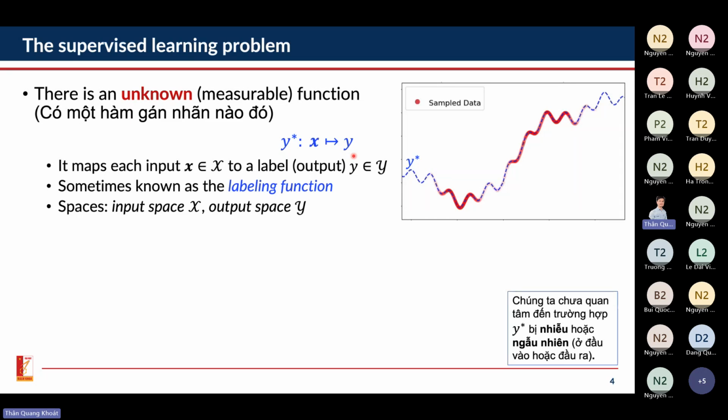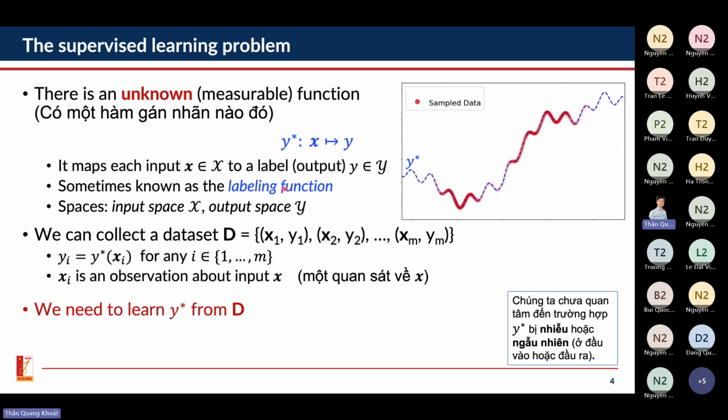We do not know it, but in practice we can collect some examples of x and y. For example, this is one pair, this is another pair, or another pair like this. And our task is to find the unknown function based on this data set. That is the general learning problem.